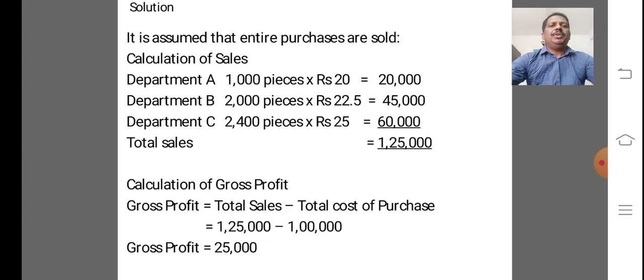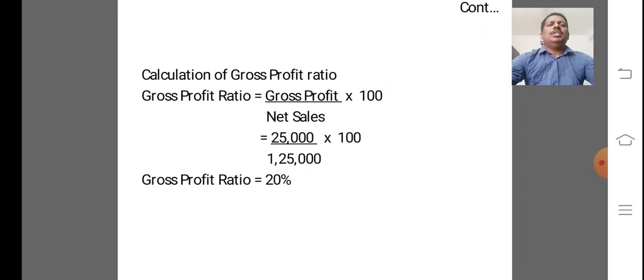Next, calculation of gross profit. Gross profit is equal to total sales minus total cost of purchase. So 1,25,000 minus 1 lakh, gross profit is equal to 25,000. Then we calculate the gross profit ratio.